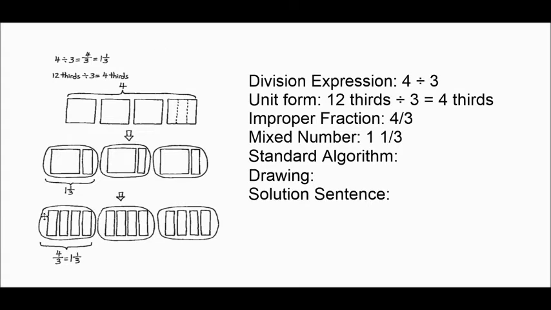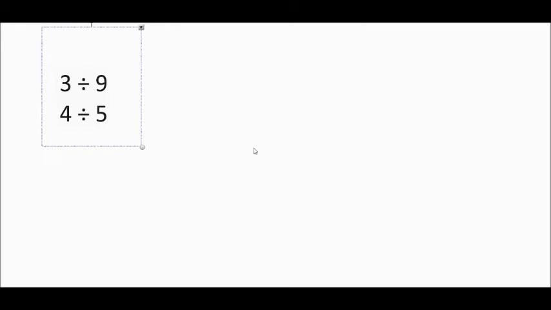So for the purpose of what we're going to do today, we're going to look at it using a couple of different models so it doesn't become as confusing. The main model that we're going to be using is a tape diagram. A tape diagram is just as easy as it sounds. So here I have the problem 3 divided by 9, and that's what fractions really are.